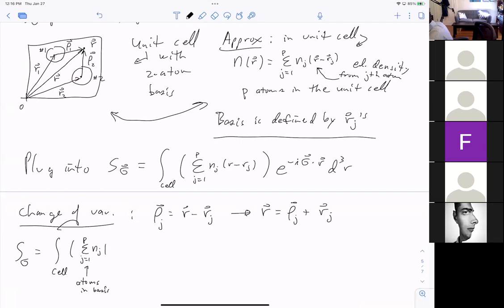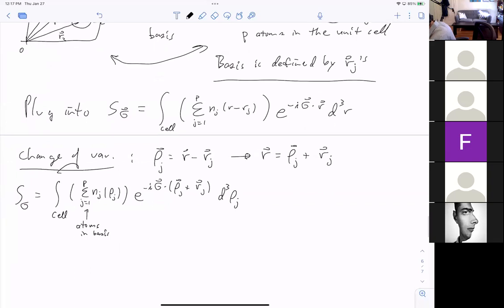Now before I had r minus rj, but now I'm going to replace that with rho j, times e to the minus ig. Now, before I had dot r, but instead of r, now I'm going to use my change of variables and replace the r with rho j plus rj. So this is actually kind of making it all much more complicated than it was before, but then it'll look better. It'll all come together in a moment.